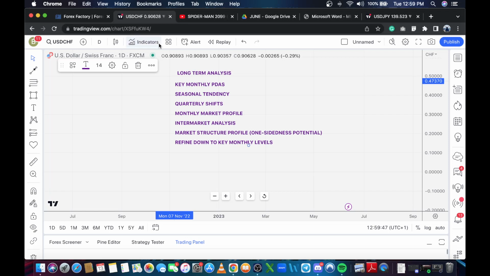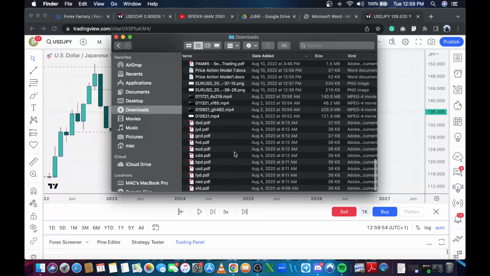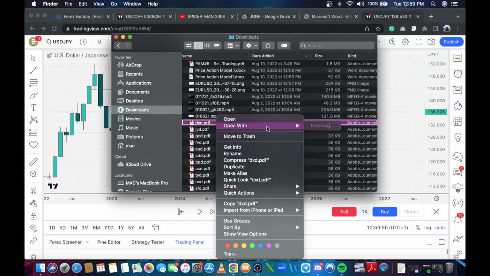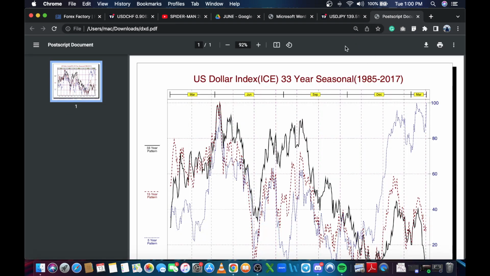Now, if you go through the checklist, what does seasonal tendency indicate for our dollar? What is dollar seasonal tendency indicating for price? So we're going to look at dollar and look at the seasonal tendency. The reason we're looking at dollar is because the pair we're trading is USD/JPY, so obviously the seasonal tendency of dollar will influence the movement on USD/JPY.